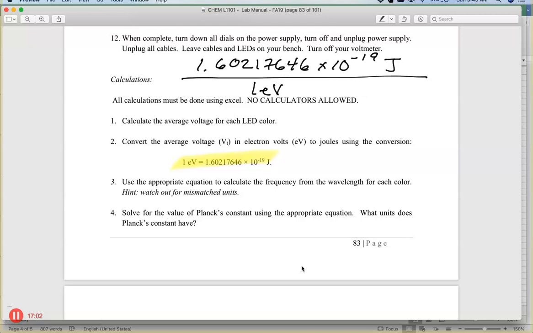It seems like I got a better stylus, but the screen mirroring program I'm using is not as accurate as I'd like, so I'll do my best to correct things. That should be the number 1, right? 1 electron volt. And so we'll need to set up some sort of equation like this in Excel.